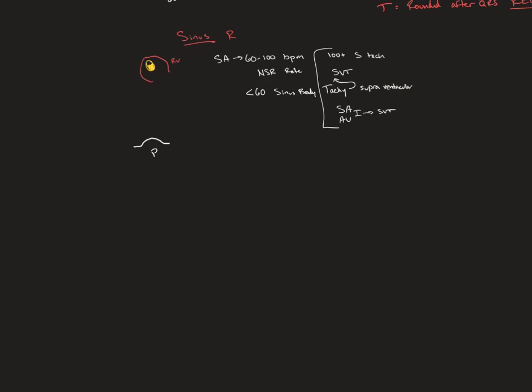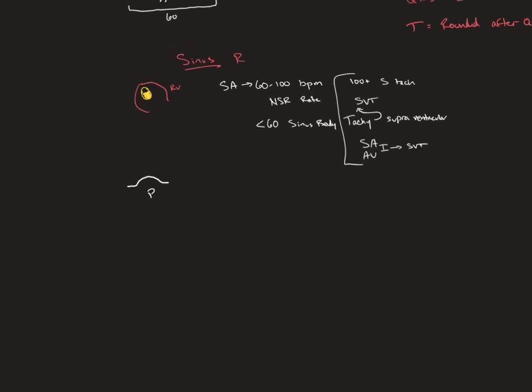Basically, if your P wave has a normal morphology, it doesn't matter if the QRS is wide. Let's say you have a nice sharp QRS, and that's kind of wide, but let's say this is less than 90 milliseconds, or 100 milliseconds, or even 130.